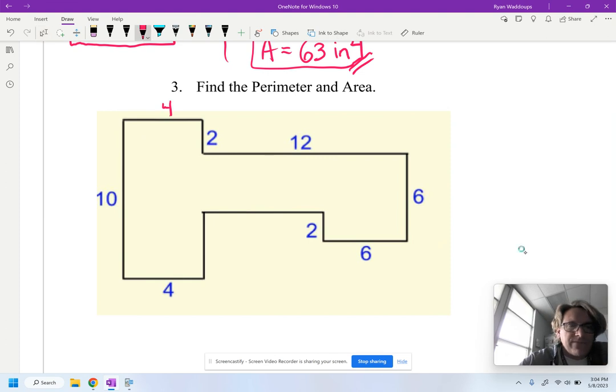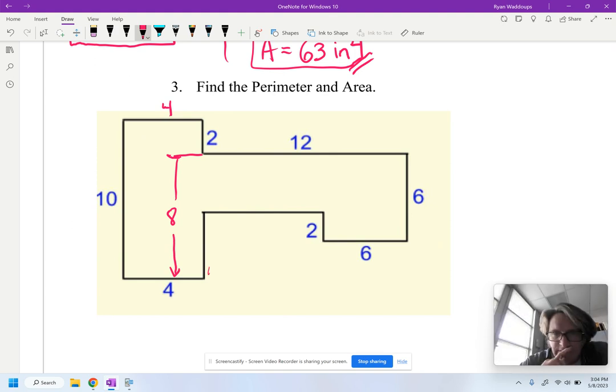And if this is 2 and this is 10, that means this is 8, from here to here. That doesn't help us with this right here.